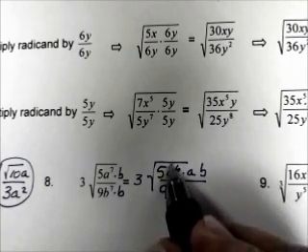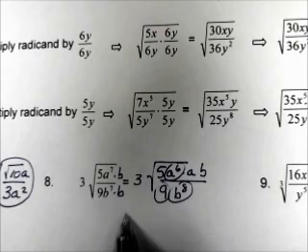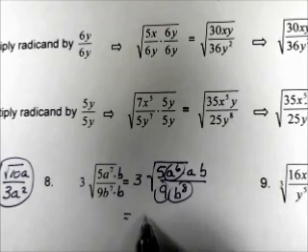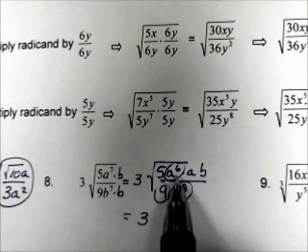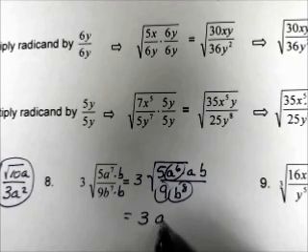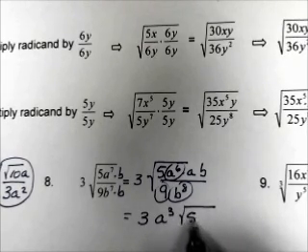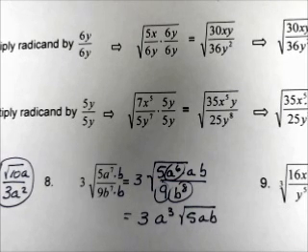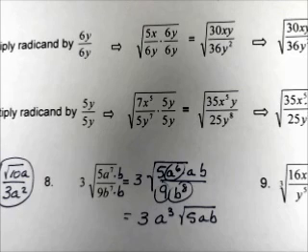I'll circle my perfect square factors. Copy down the 3. The square root of a to the 6th is a to the 3rd. Square root of 5ab remains. And in the denominator, both are perfect squares. Out come their square roots.